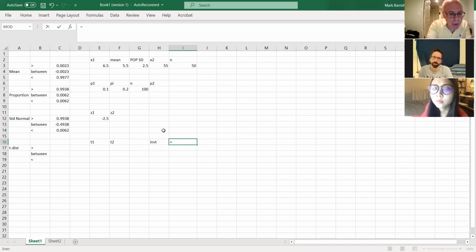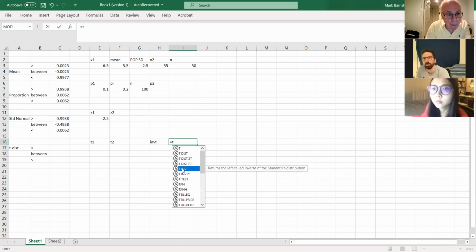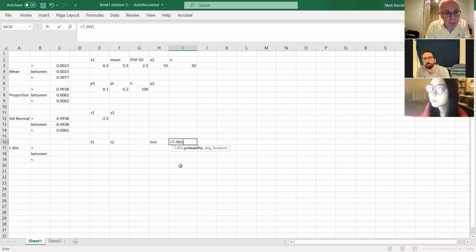So if I wanted to use this for my critical value, again, I'm going to use t inverse. And I want to put in a probability, right? So where am I going to put that? I guess you could just type it right in, or we could just put it below here.